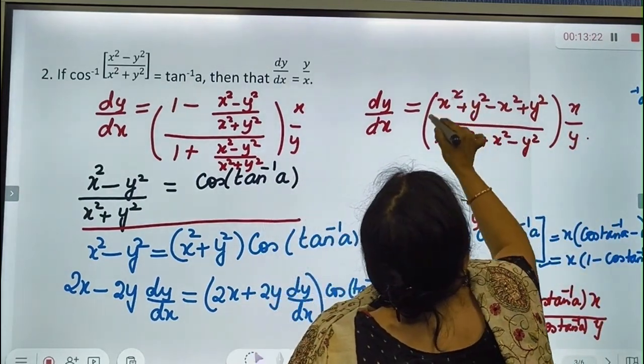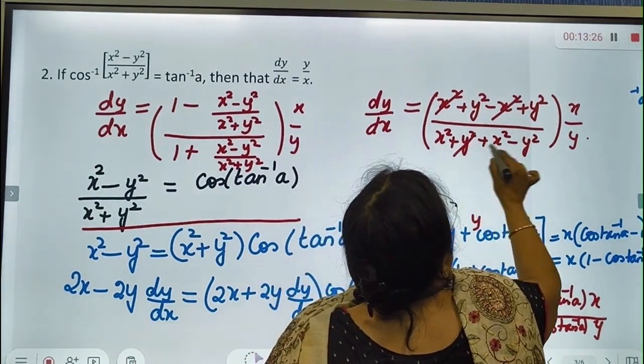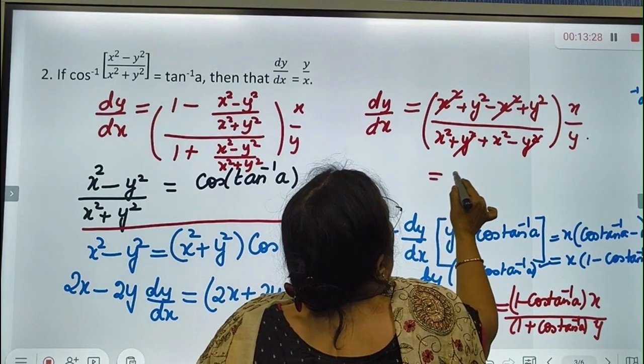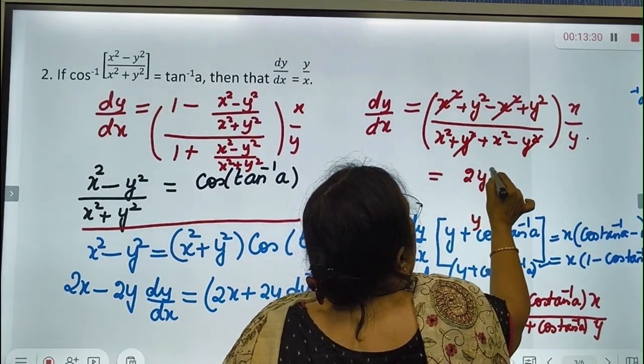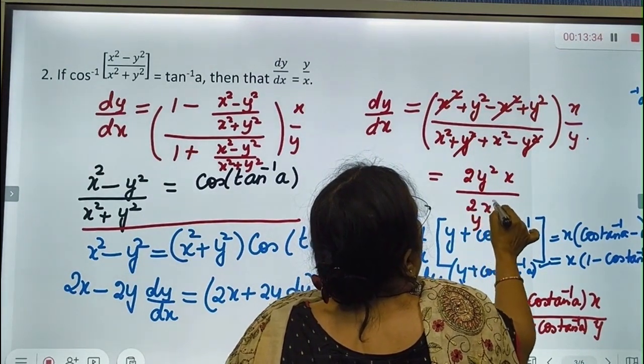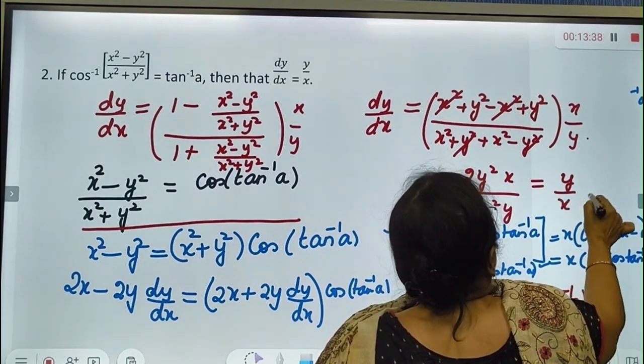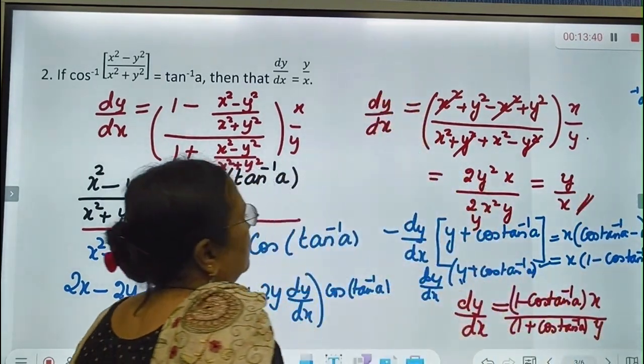Okay, now x square gets cancelled. Here y square gets cancelled. So giving you 2y square into x by 2x square into y, which when simplification gives you y by x, which is what we wanted to prove.